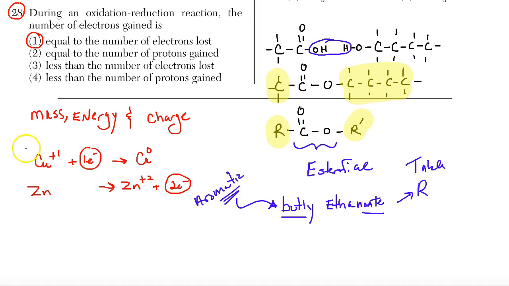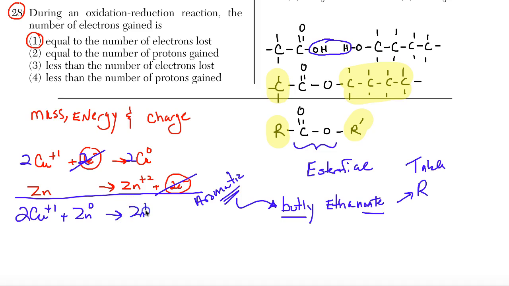So what we do is we multiply this one by 2 to give it 2 electrons. And the electrons cancel. And we're left with an overall reaction of 2 copper plus 1 plus zinc 0 gives us zinc plus 2 and 2 copper zeros.